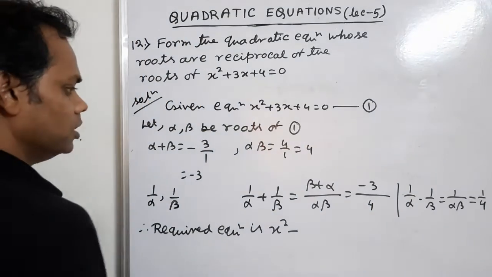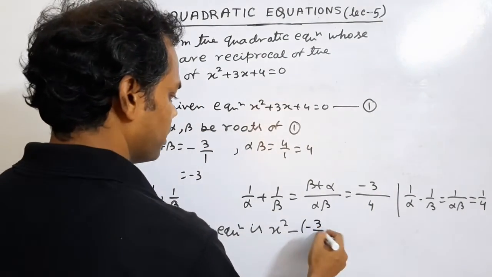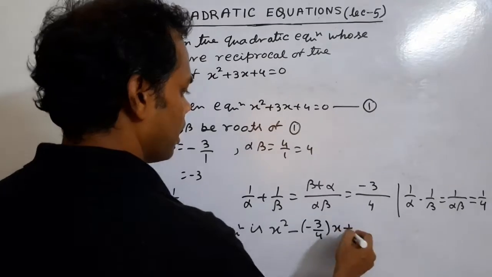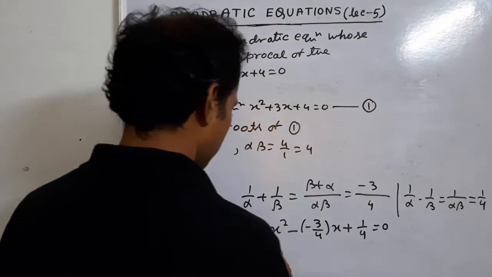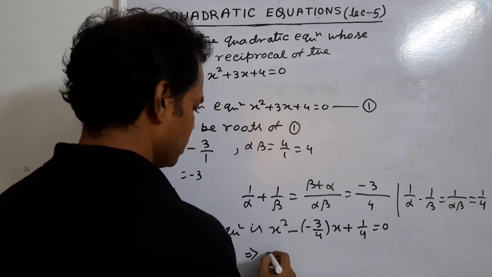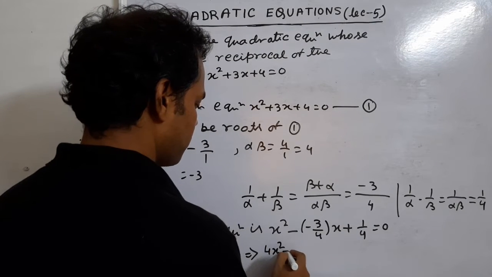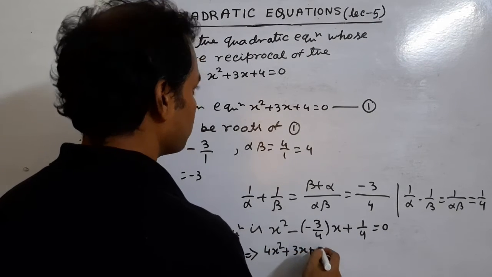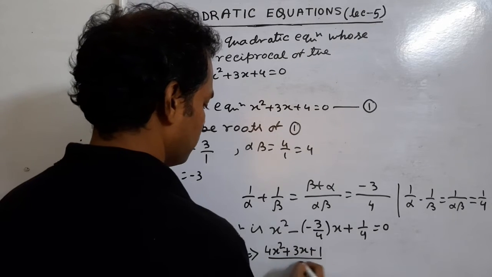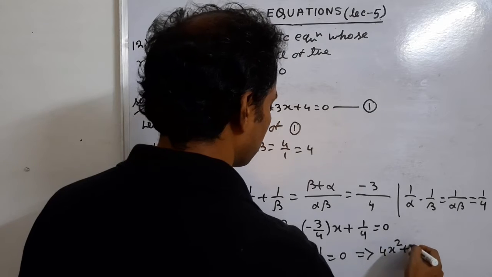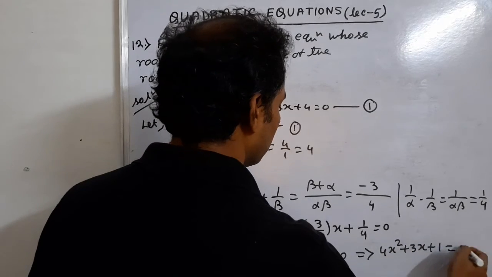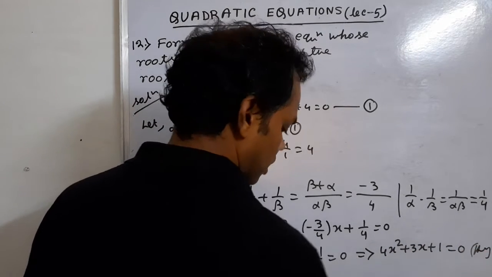So the sum of roots is minus of minus 3 by 4, into x, and the product of roots is 1 by 4, equal to 0. By LCM, 4x square plus 3x plus 1 is equal to 0. So finally 4x square plus 3x plus 1 equal to 0. This is our final answer.